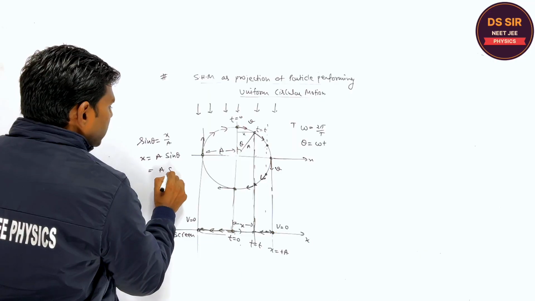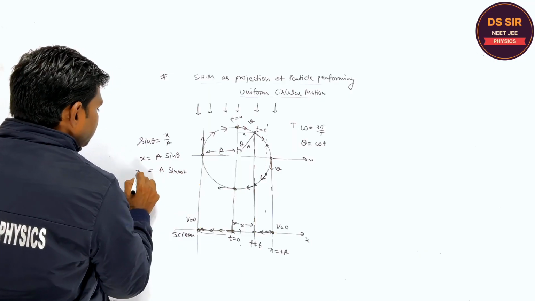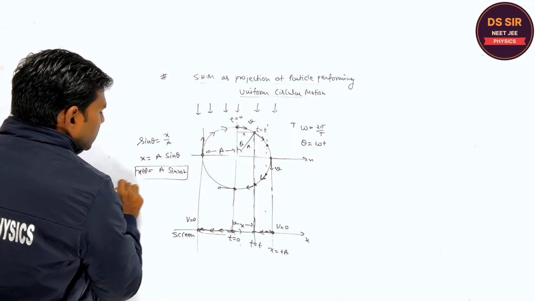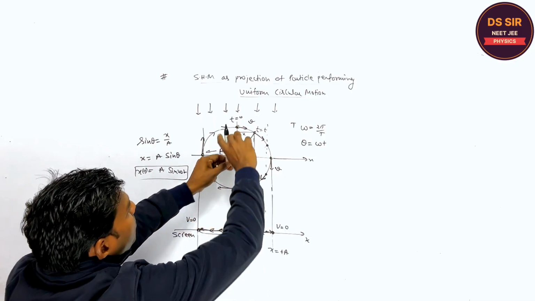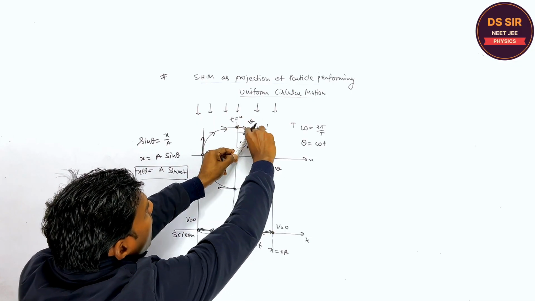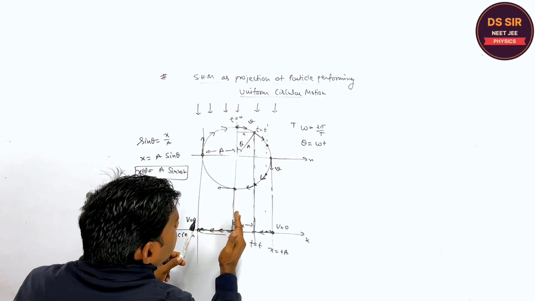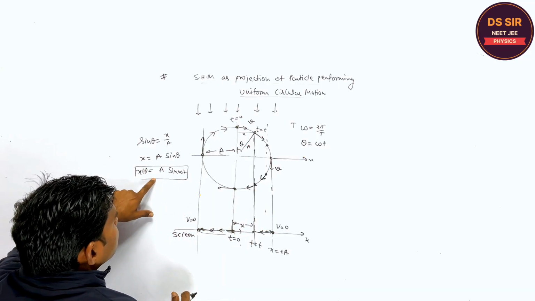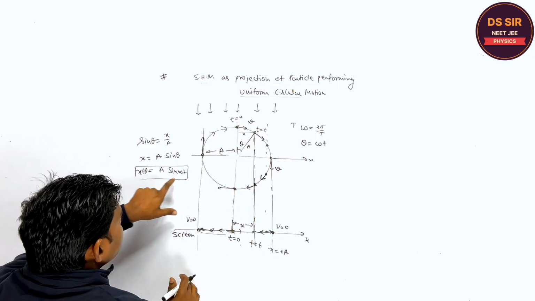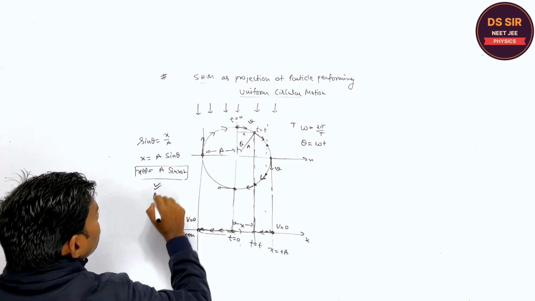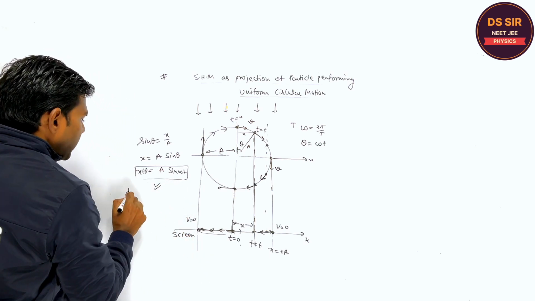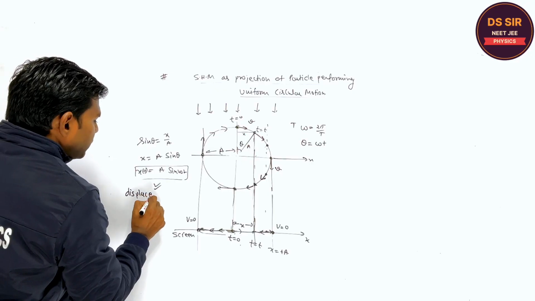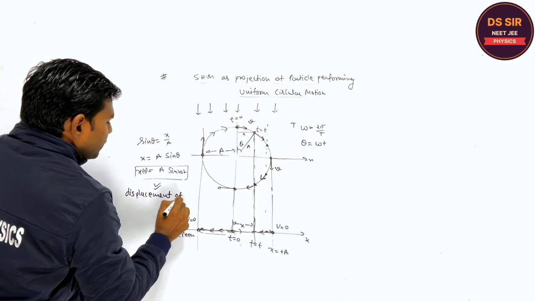Theta is equal to omega t, so x is equal to A sine omega t. So what is this? This is the displacement of the shadow. When the particle is moving in an arc, the displacement of the shadow is x. So this displacement is A sine omega t, and you know very well from the previous discussion, this is the displacement of SHM.